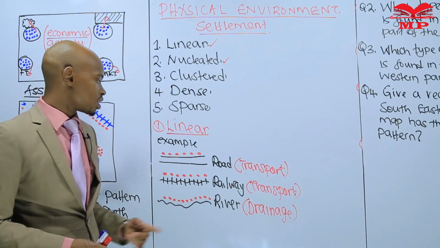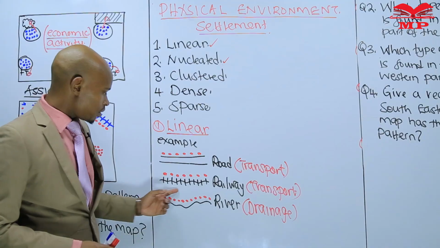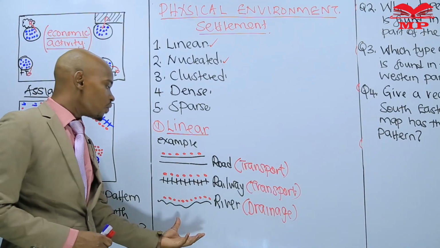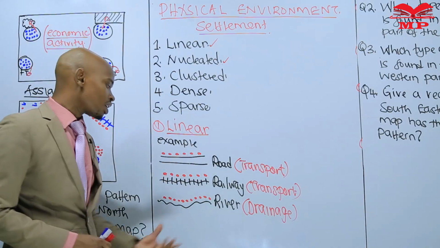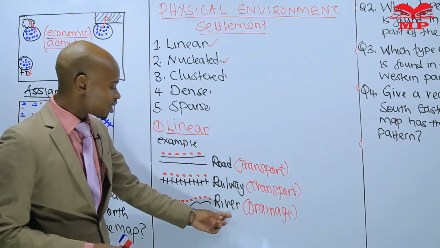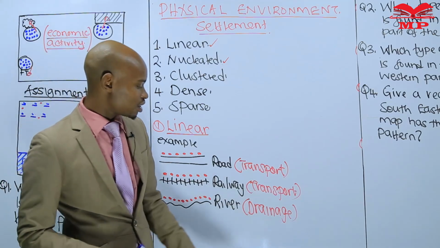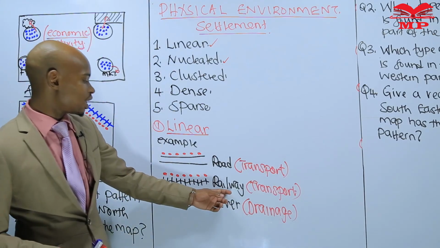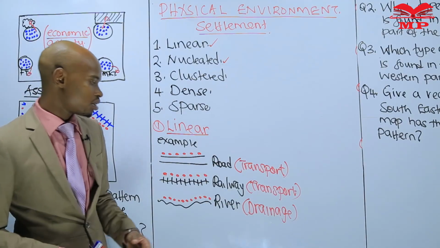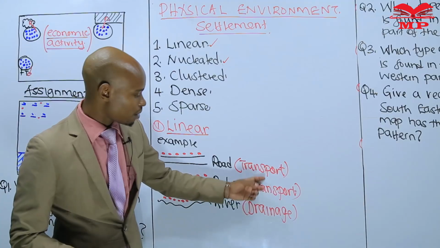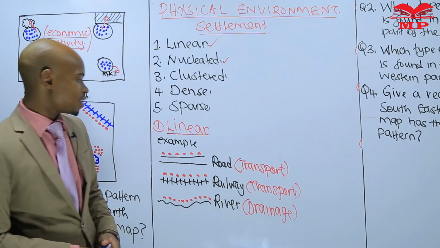Maybe they are following a road, or they are along the railway or along the river. If it is a river, the factor influencing that settlement pattern is drainage. If they are following a railway or a road, these are forms of transport, so the main factor influencing that settlement is transport.